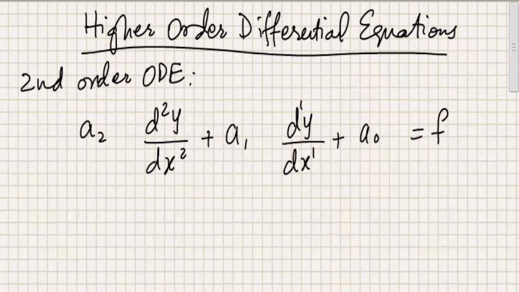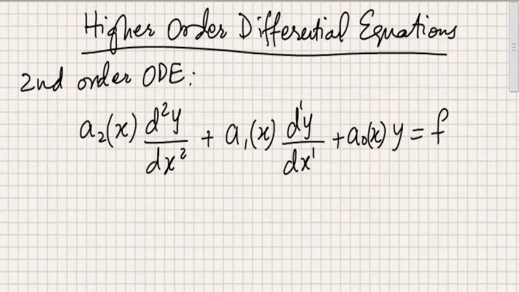Why I have left some spaces in between these functions is that I want to emphasize that this a2 can only be a function of x. Similarly, a1 can only be a function of x. By the way, there is going to be a y over here. This a0 can only be a function of x, and this f can only be a function of x.